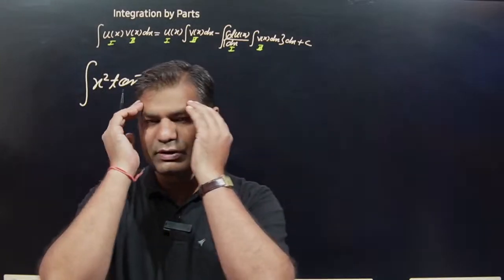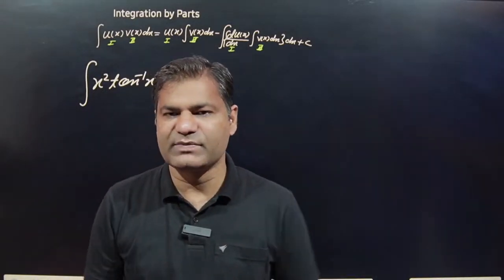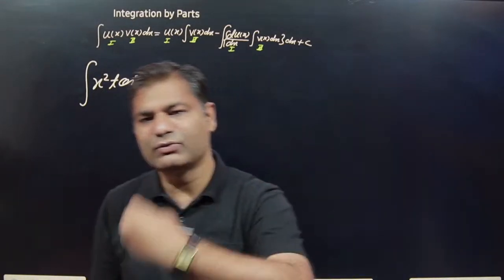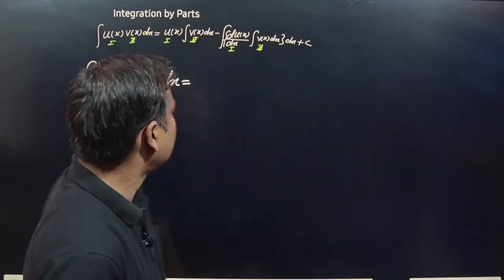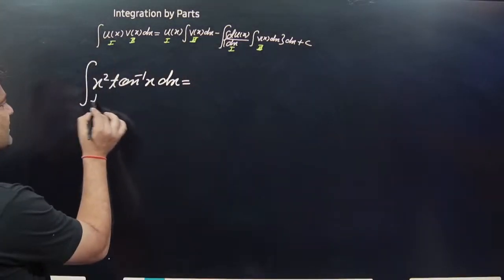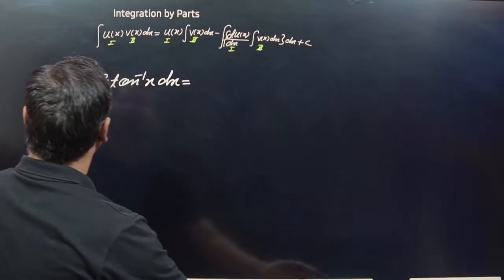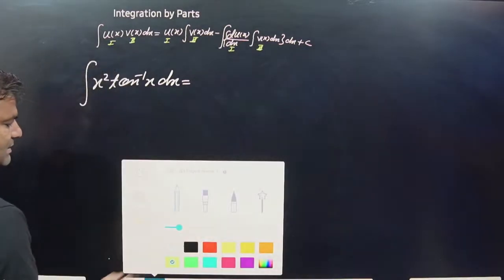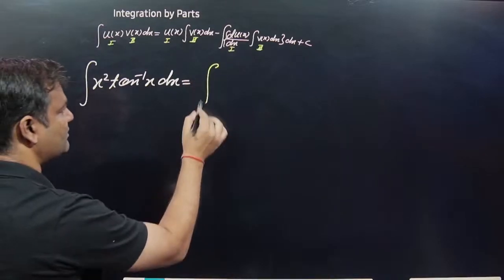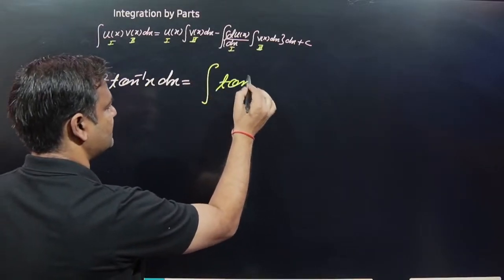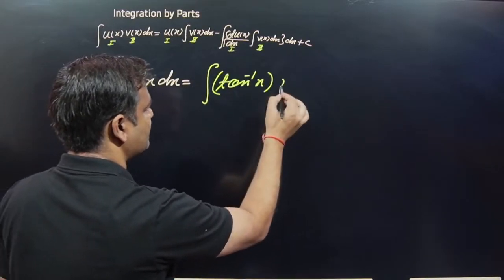If you don't know which one take first function, then you simply randomly can choose. Okay, if this one is a first function and this one is taken second function, randomly someone take, sir I will take this one, and someone take, no sir I will, this one take first function and this one take second function.